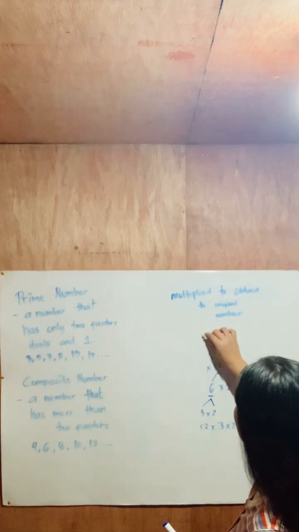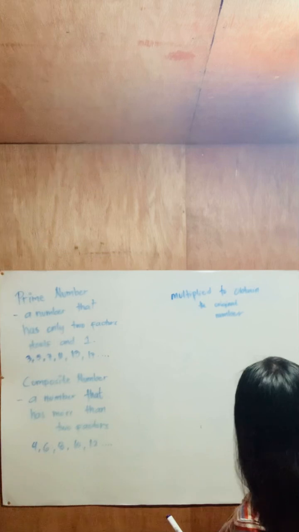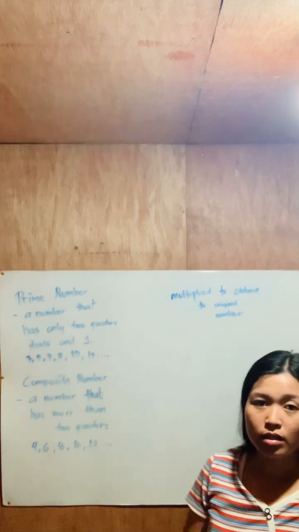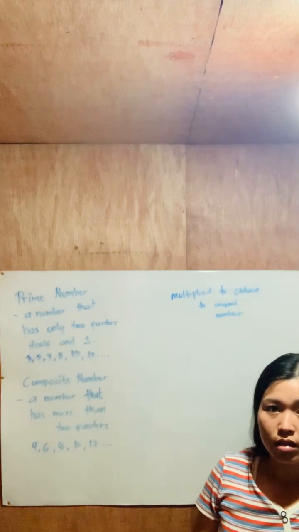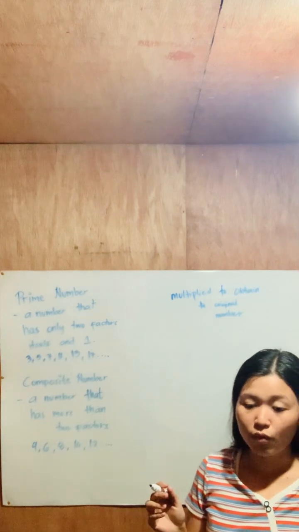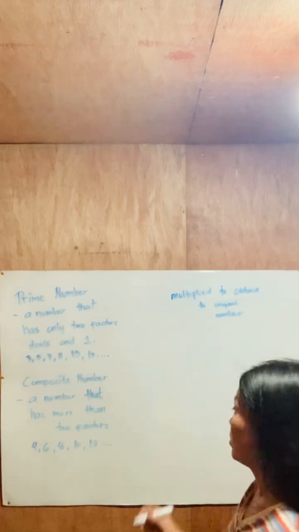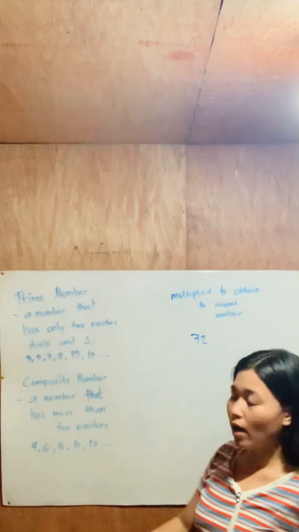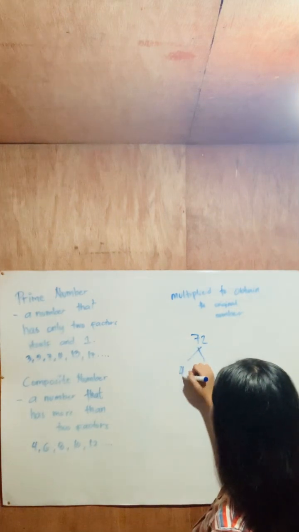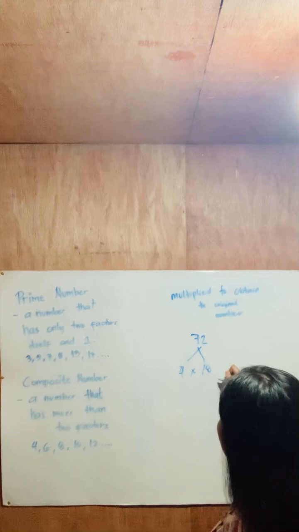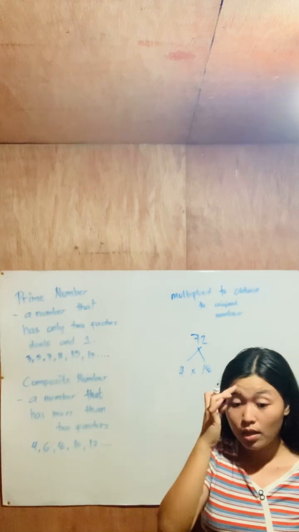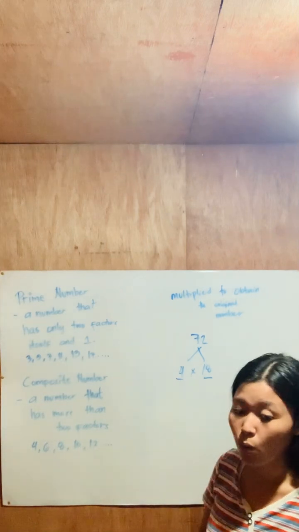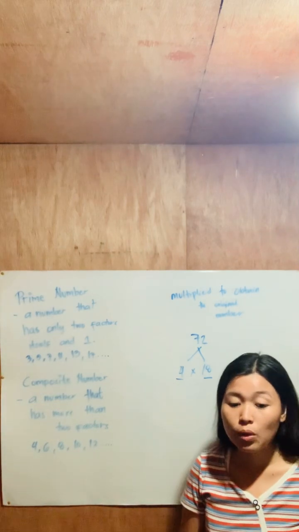And another example, we have 72. We have 4 times 18 is equal to 72. Since 4 and 18 are composite, we can continue.